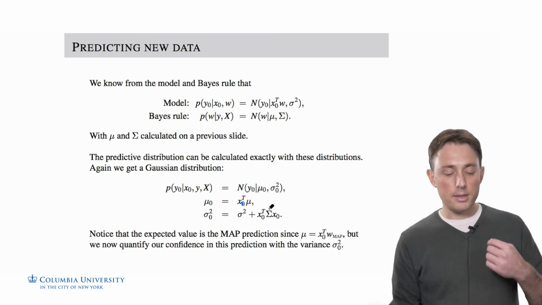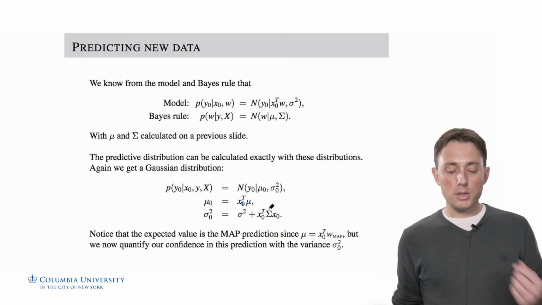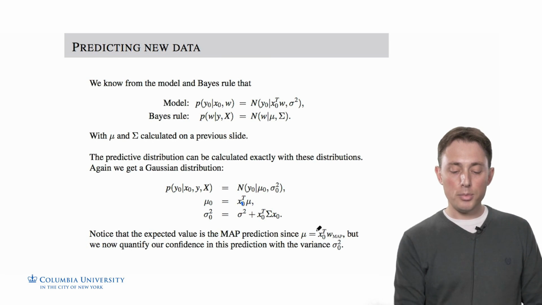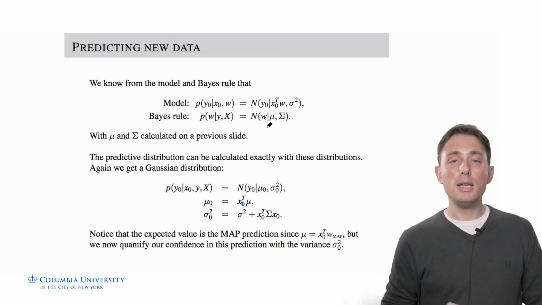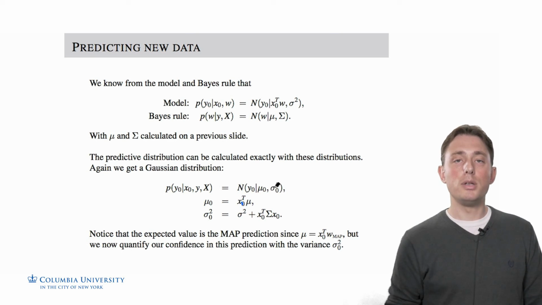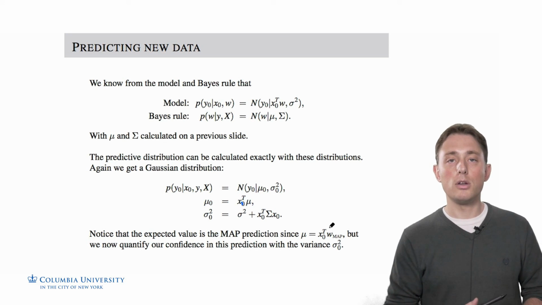So notice that with this predictive distribution, the mean of our predictive Gaussian is equal to the MAP prediction, because remember that we showed how the mean of the posterior is equal to the MAP solution. And so the mean of our predictive distribution is the MAP prediction, the point estimate we would make under MAP.